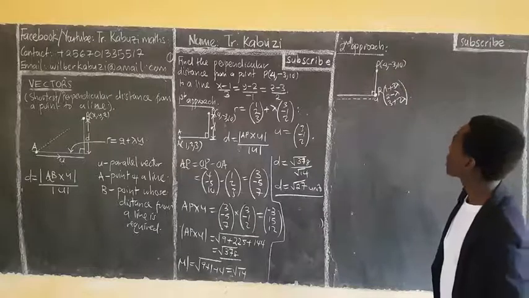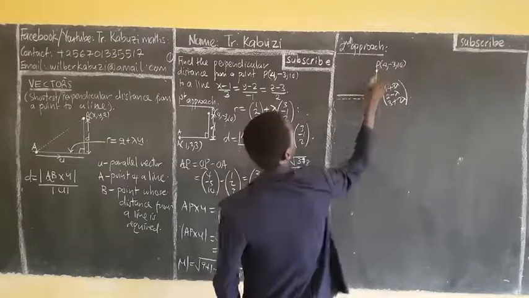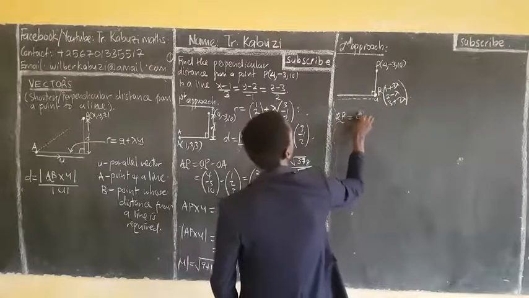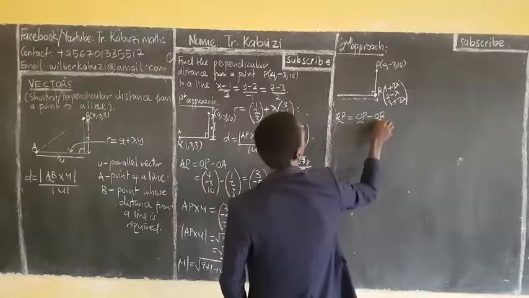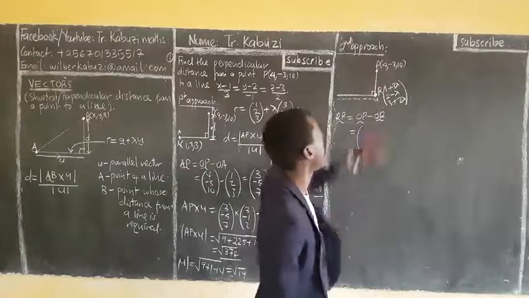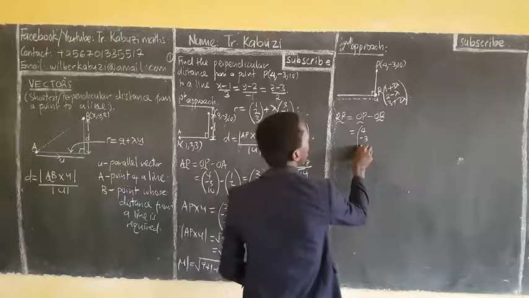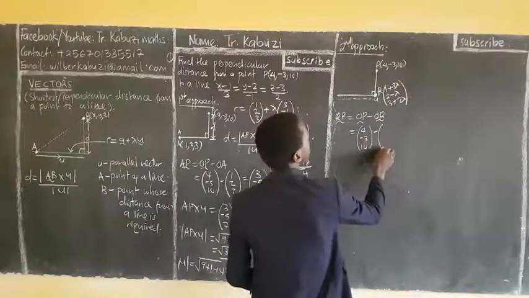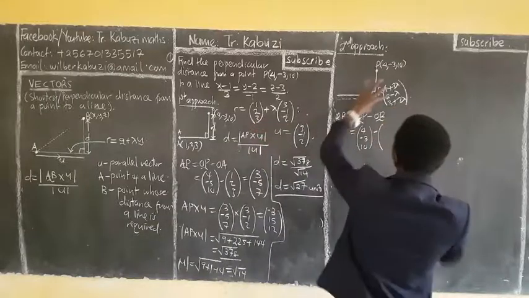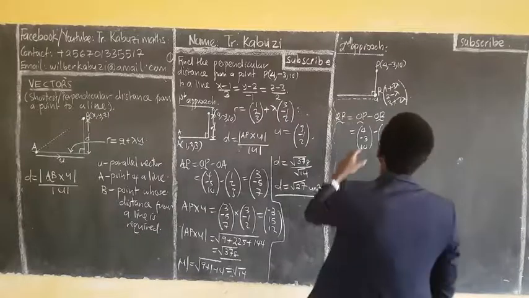So members, let us get this RP. So our vector RP is going to be OP minus OR. From there, our OP is negative 3, 10, then minus OR. OR now we take this one. This is the general point. You just pick one of these and take it. R is the general point now.